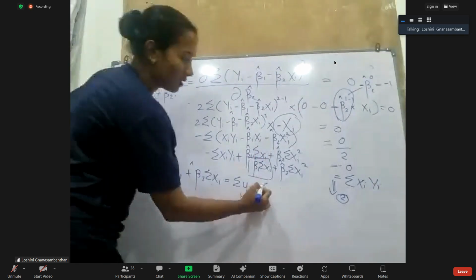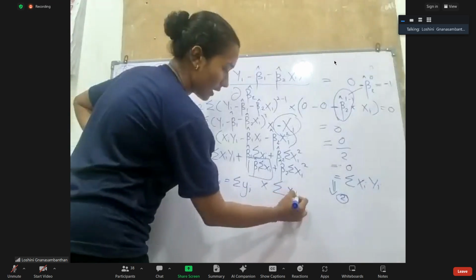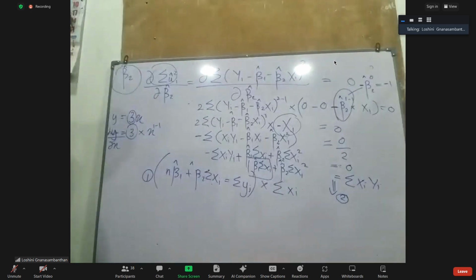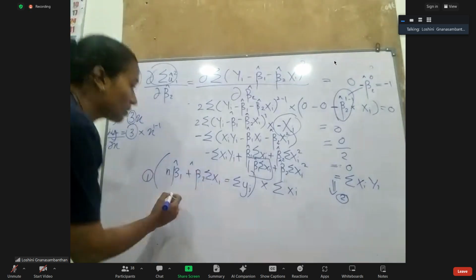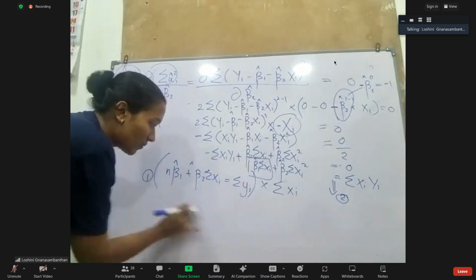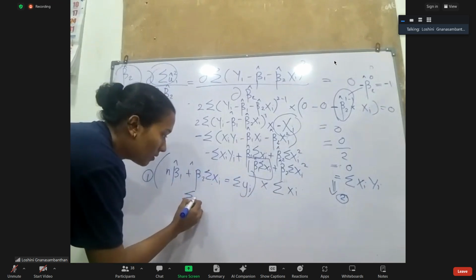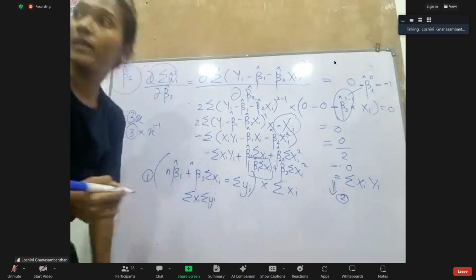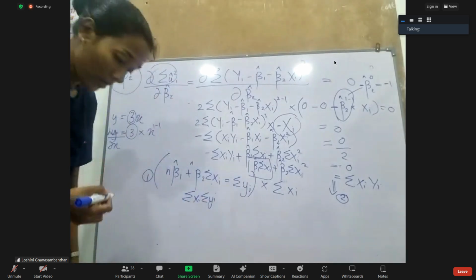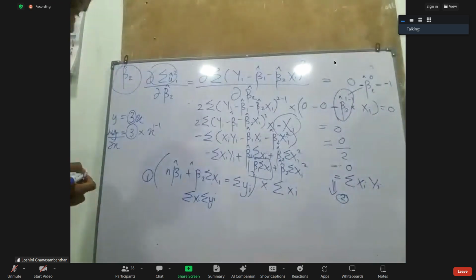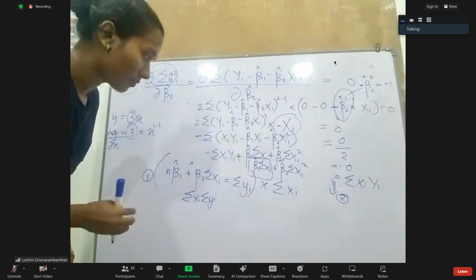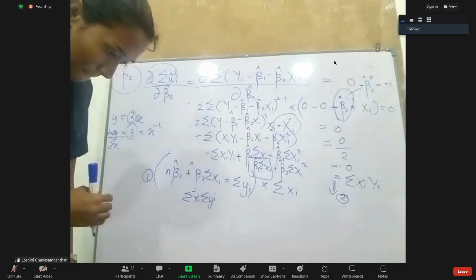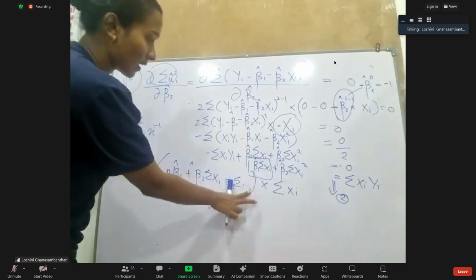So you can multiply this whole equation by sigma x. So it becomes, I will write this part here, sigma xi sigma Yi. Sorry, these are capital Y's.